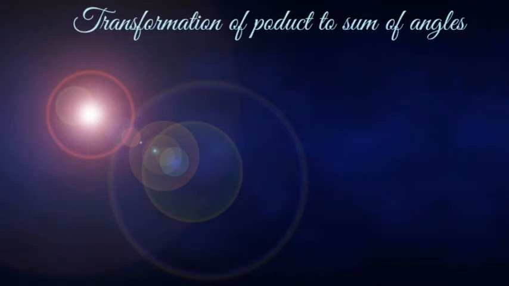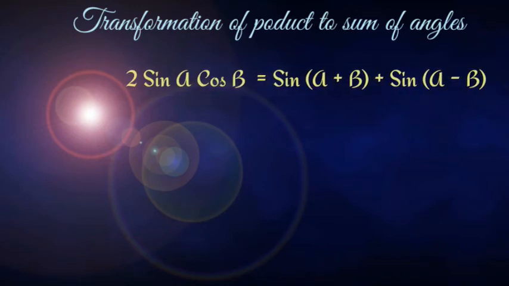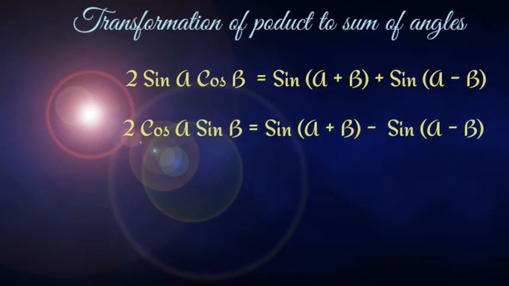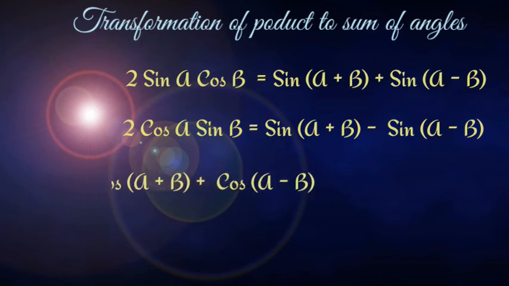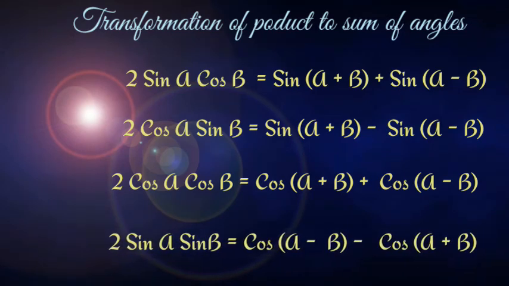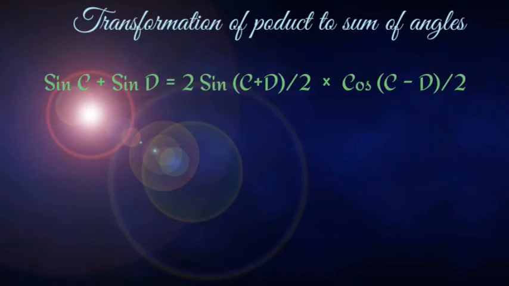Transformation of product and sum of angle. 2 sin A cos B is sin bracket A plus B plus sin bracket A minus B. 2 cos A sin B is sin bracket A plus B minus sin bracket A minus B. 2 cos A cos B is cos bracket A plus B plus cos bracket A minus B. 2 sin A sin B is cos bracket A minus B minus cos bracket A plus B. Sin C plus sin D is 2 sin C plus D divided by 2 times cos C minus D divided by 2.